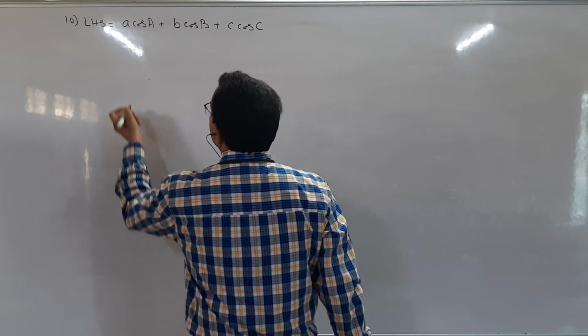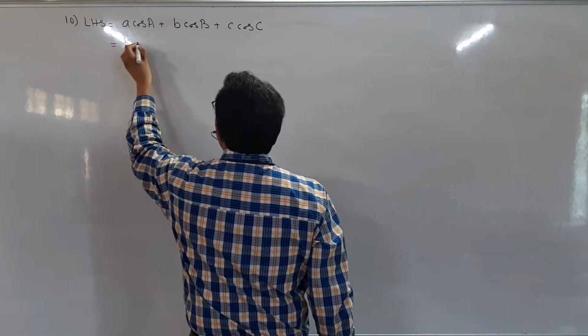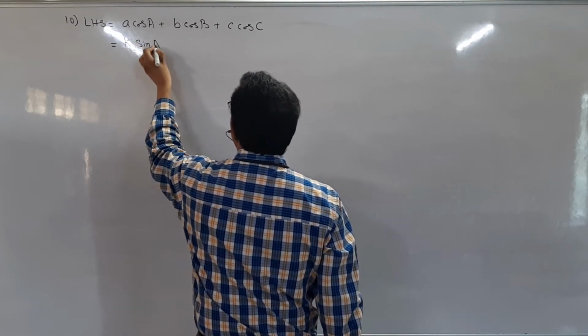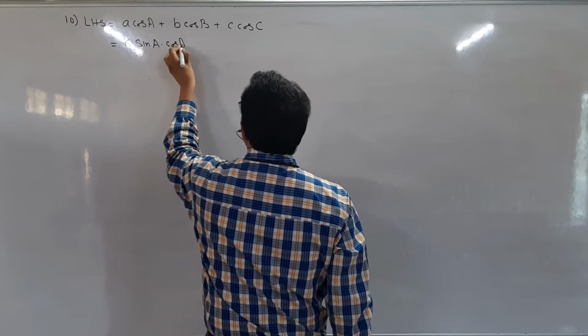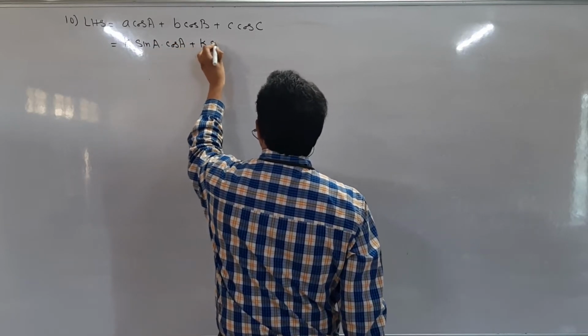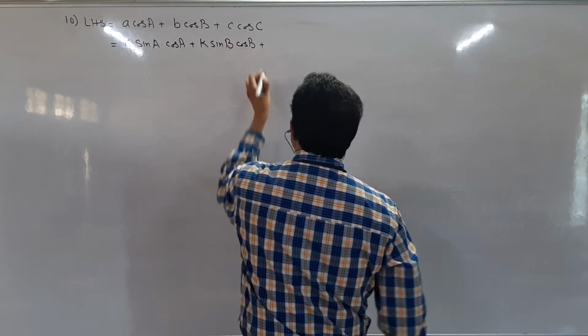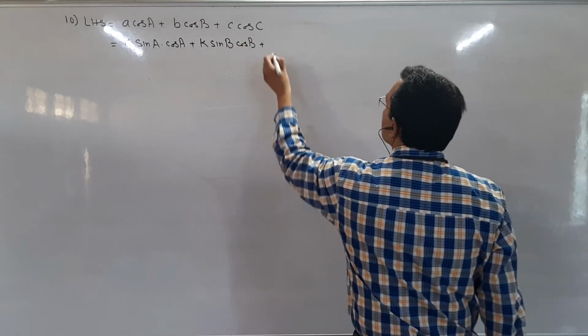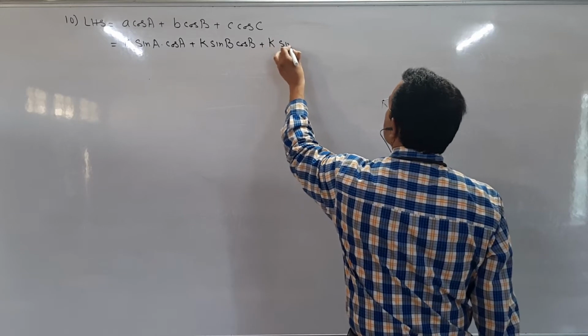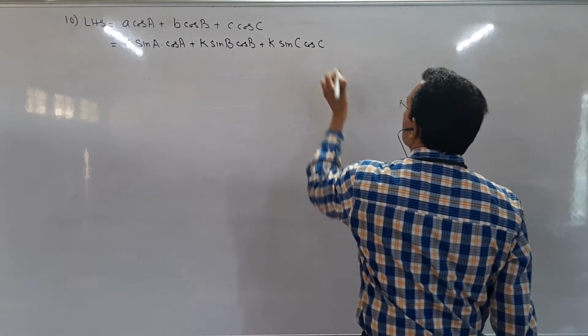Apply the sine rule and write k sine a into cos a, here k sine b into cos b, here k sine c into cos c.